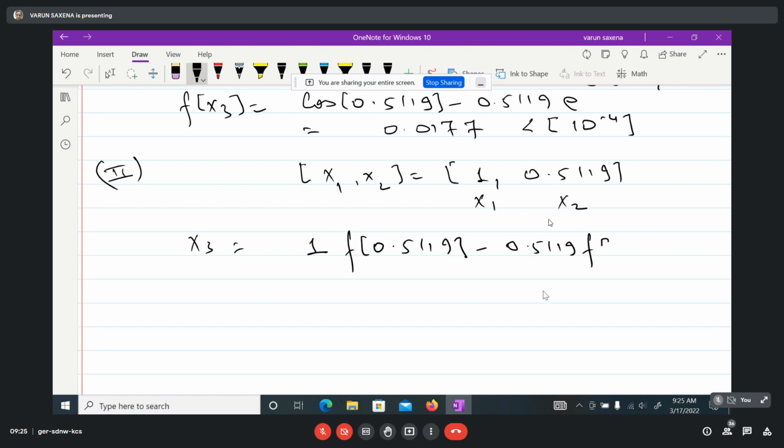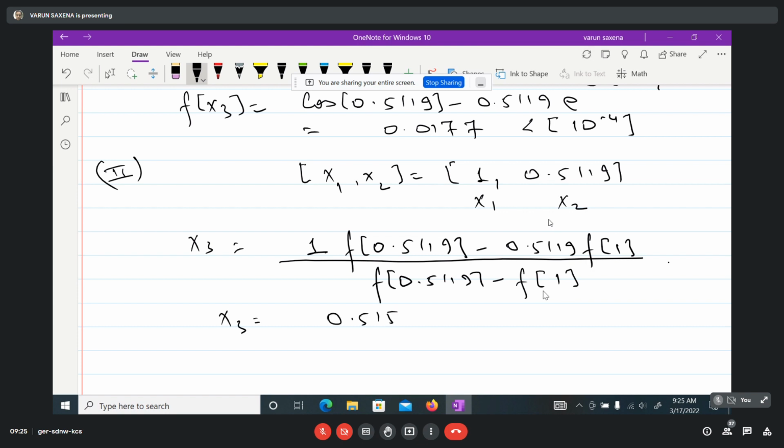0.5119 f(1) divided by f(0.5119) minus f(1). So you get x3, and that x3 comes out to be 0.51.